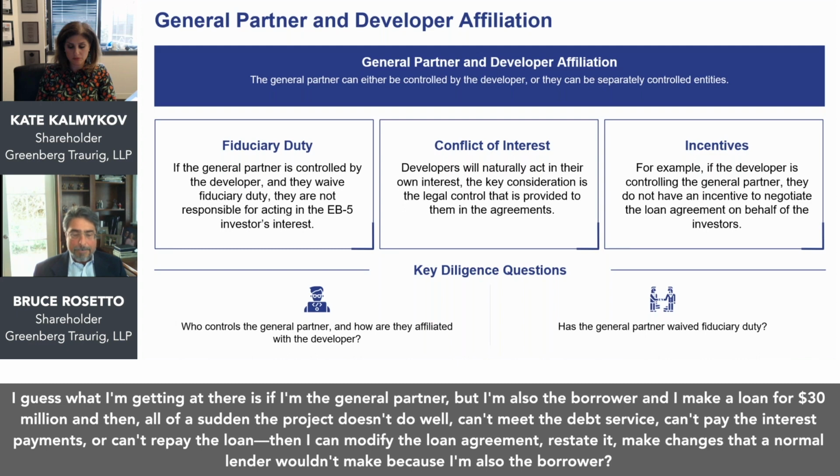Right. I guess what I'm getting at there is, if I'm the general partner, but I'm also the borrower, and I make a loan for $30 million, and then all of a sudden the project doesn't do well, can't meet the debt service, can't pay the interest payments, or can't repay the loan, then I can modify the loan agreement, restate it, make changes that a normal lender wouldn't make, because I'm also the borrower.